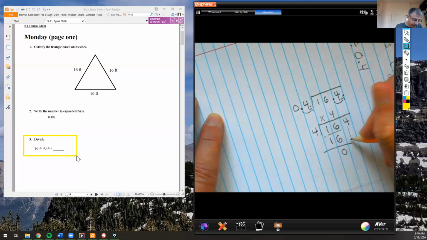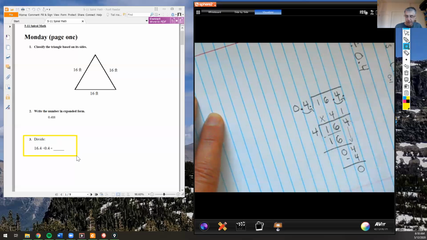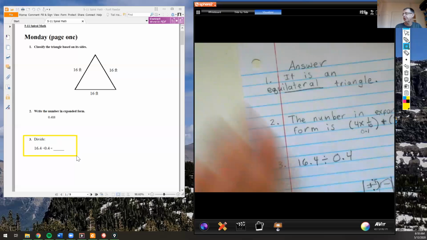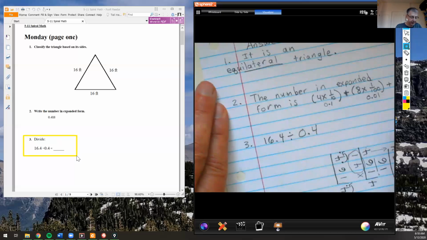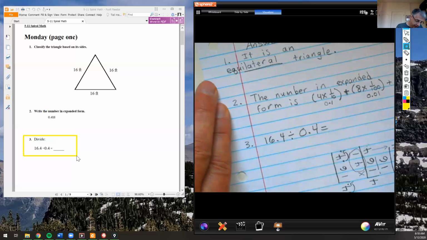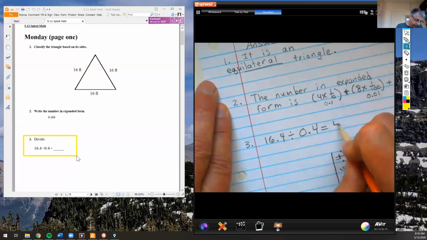I'll drop down the other 4 that's in the dividend. 4 times 1 is 4. I'll multiply that out and subtract, and I have no remainder now. So my quotient is going to be 41. 16 and 4/10 divided by 4/10 is equal to 41.